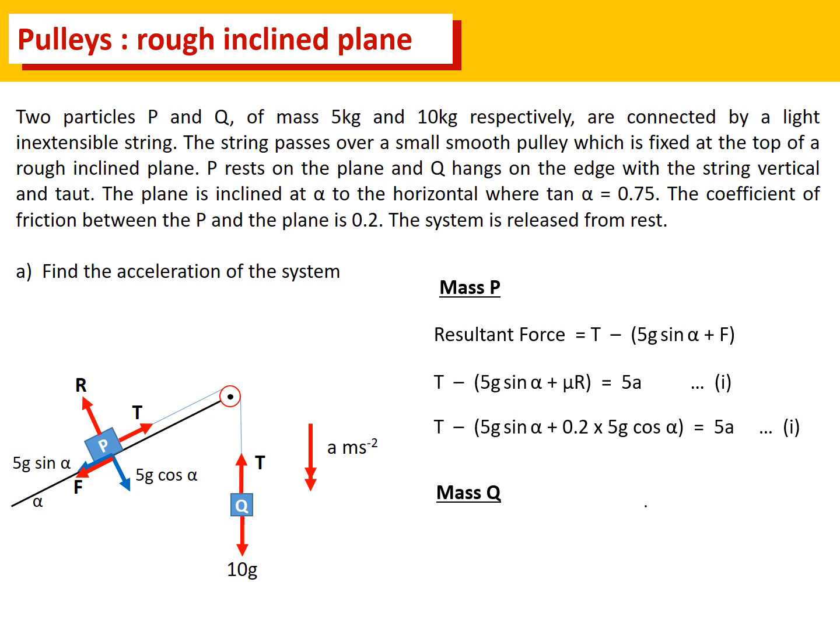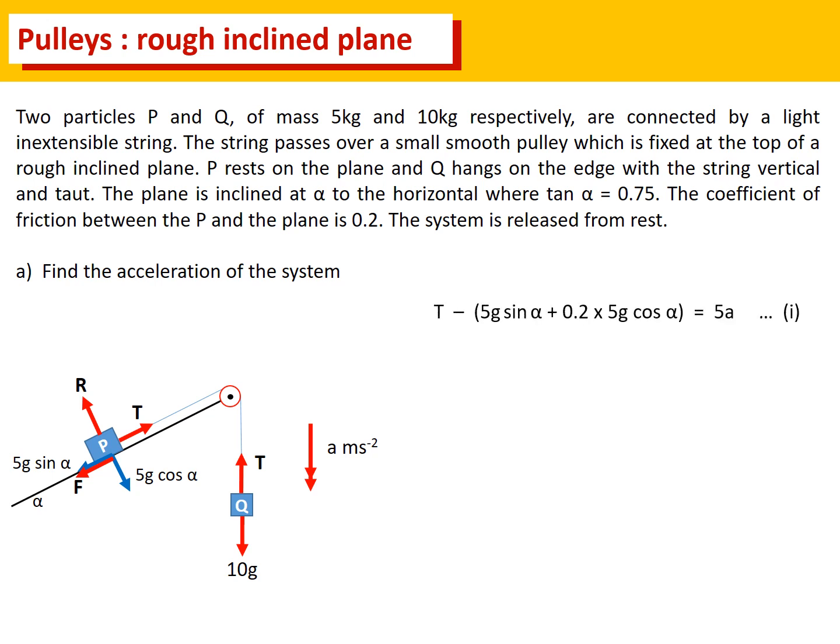And for mass Q, it's much more straightforward. The resultant force is 10g minus T, so we have 10g minus T equals 10a. So that's equation 1. That's equation 2.